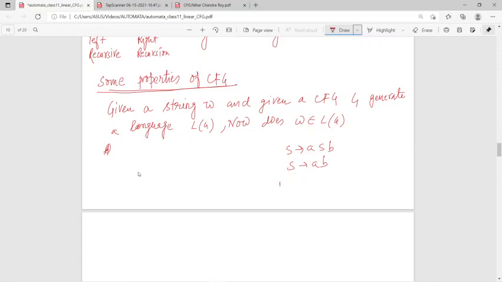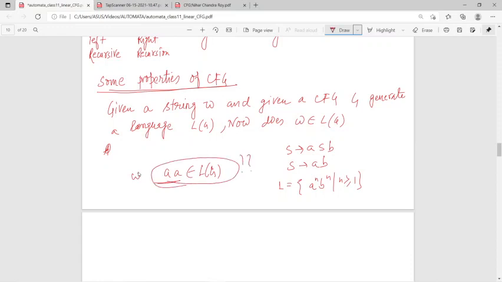The language that is generated is a to the power n, b to the power n, where n is greater than or equal to 1. Now the question is, if a string is given, say aa, that is w, whether you can say that this particular string belongs to this language or not, that is the question.